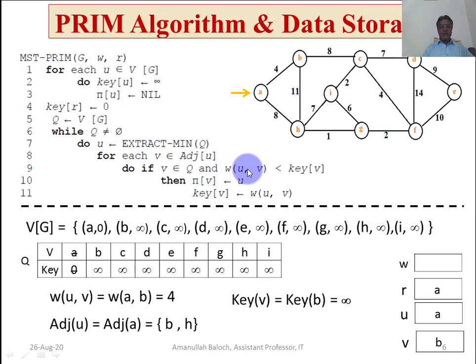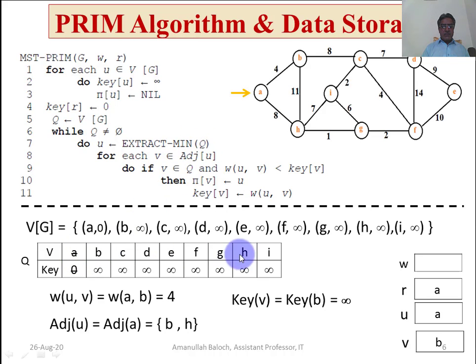So 4 is less than infinity, and V, that is B, belongs to Q. Yes, B belongs to this Q. Firstly, this root node or initial node whose key value was given 0, we extract this node here. Extract min of Q.